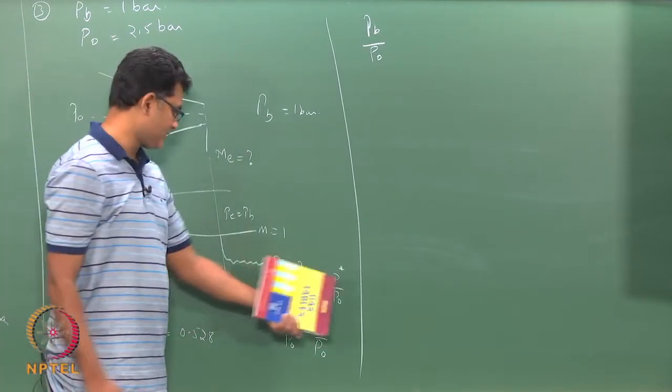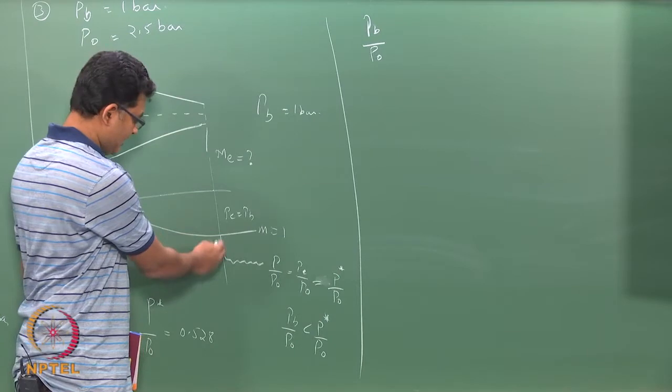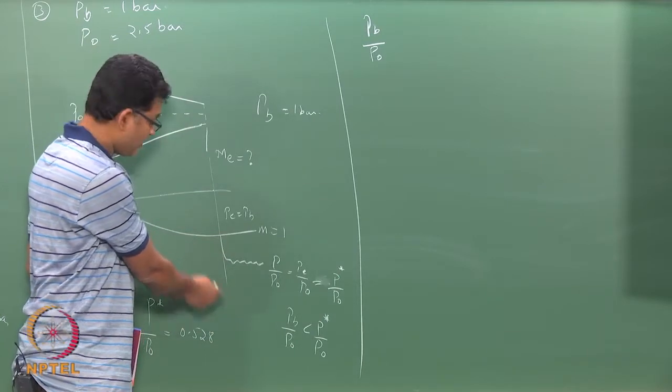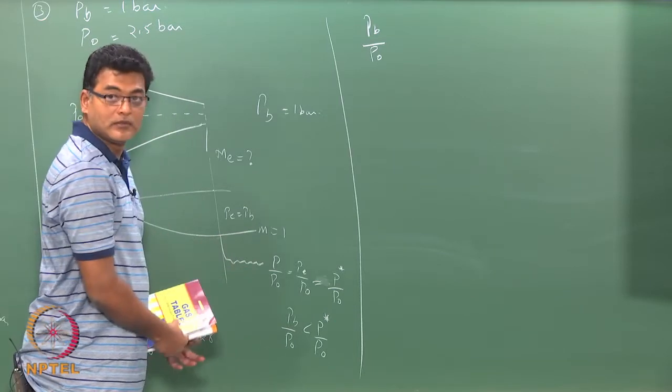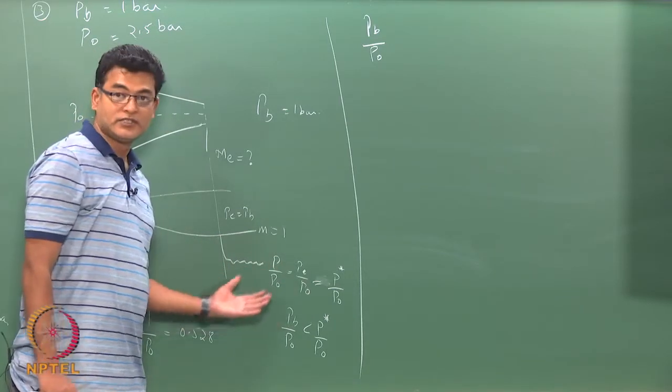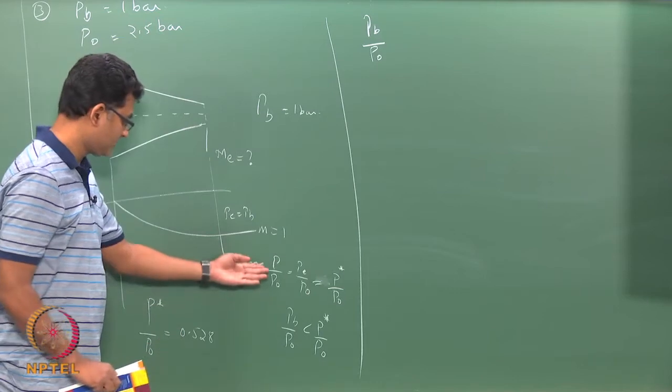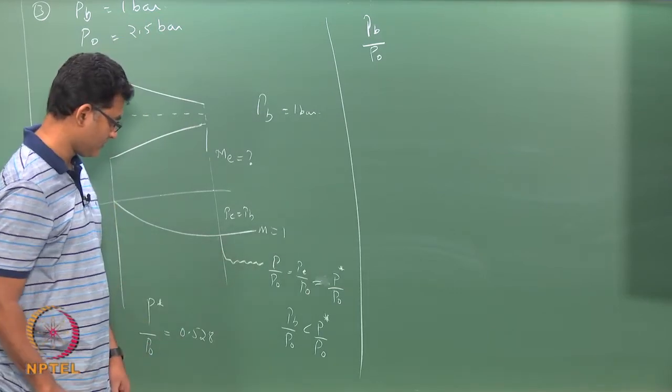P exit is the same as your P star because that is not going to change. Even if you decrease your PB from now on, your P exit is not going to change. What is happening outside the nozzle is going to change. So, this pressure PB keeps going down.